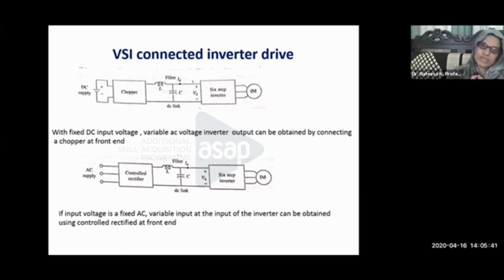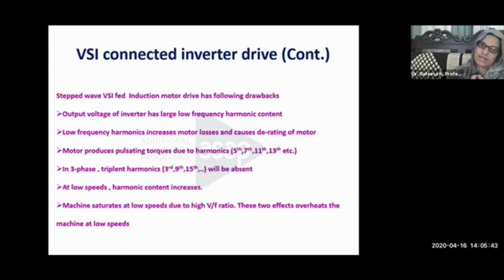So in this session, a VSI-connected, stepped wave VSI fed induction motor drive has a number of drawbacks because the waveform is a stepped wave. From this, it's evident that the current harmonic content is very large. The output voltage of the inverter has a large low frequency harmonic content.